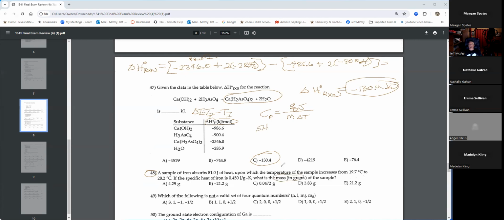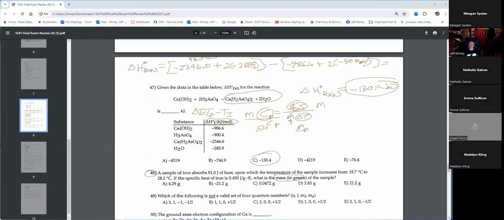Solving for mass. So they're giving us this, and they're giving us the ability to do a quick calculation of that, and they want us to solve for mass. So all you need to do is algebraically manipulate the equation. We're going to multiply both sides by mass, and we're going to divide both sides by the specific heat.